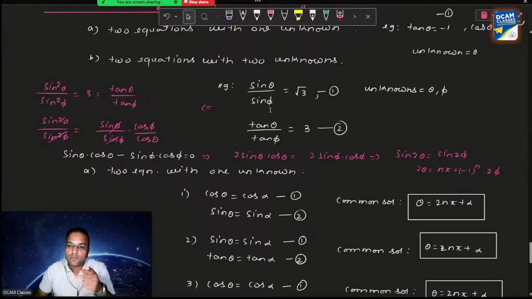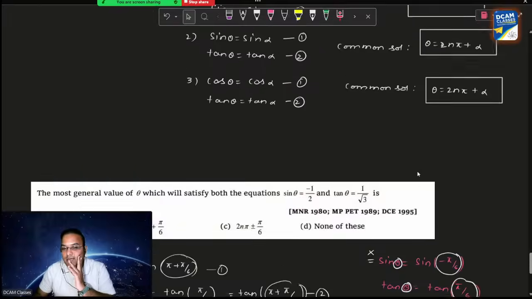You have to solve these two equations and arrive at a theta-phi relation, some relation. And then accordingly, you have to use your general solution method and write the general solution accordingly.